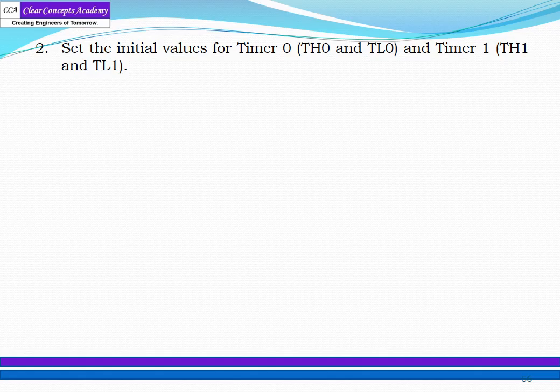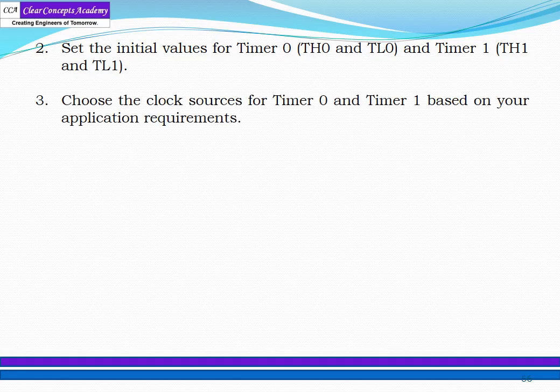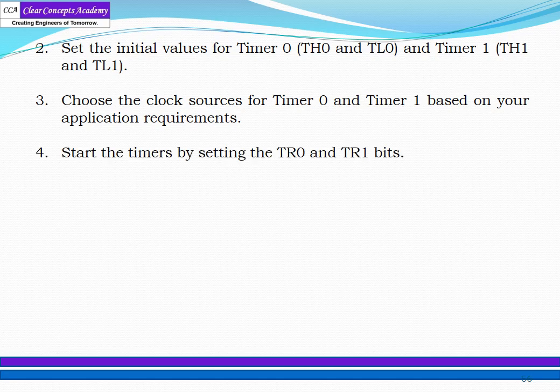Then set the initial values for timer 0, that is TH0, the high byte of timer 0, and TL0, the low byte of timer 0, and the high byte of timer 1 and the low byte of timer 1. Choose the clock source for timer 0 and timer 1 based on your application requirement, and start the timers by setting the TR0 and TR1 bits.